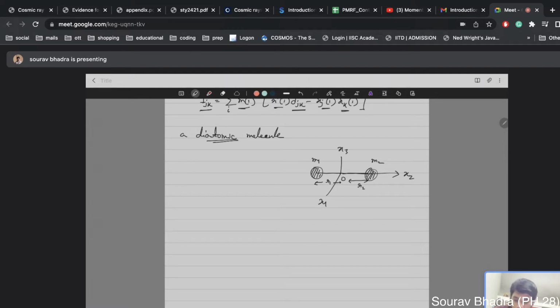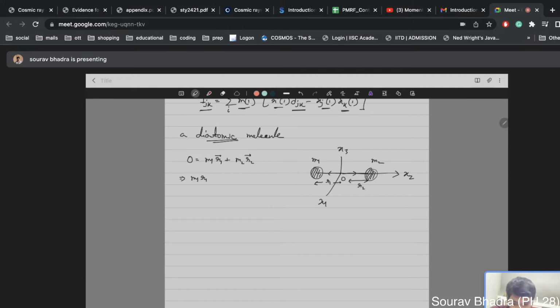For this particular system, our O is the center of mass. So we can write that 0 is m1 r1 plus m2 r2, where 0 is the position of the center of mass. If we write it in vector form, r1 is directed along the negative x2 axis, whereas r2 is along the positive x2 axis.